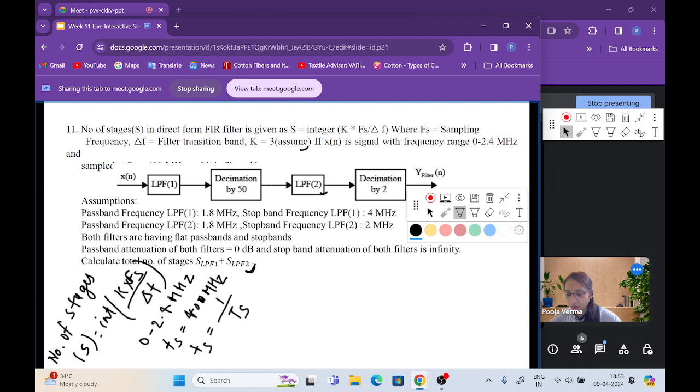right? So the input signal is sampled. We know that x of n is sampled as x of nTs, and this nTs we can write as n by Fs. So first we need to find out the input sequence, x of n divided by 400 megahertz.